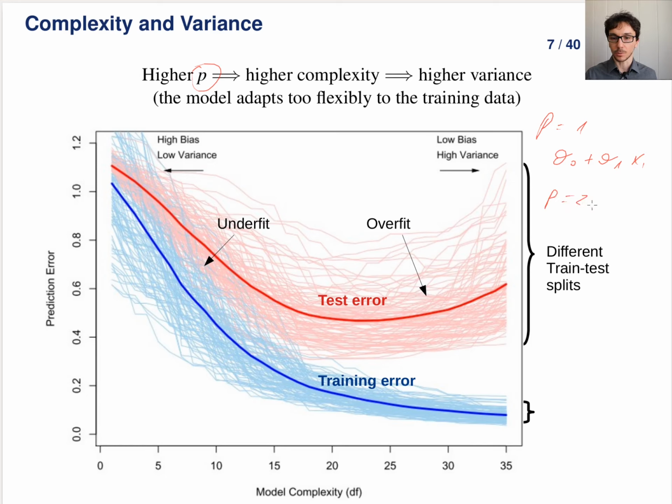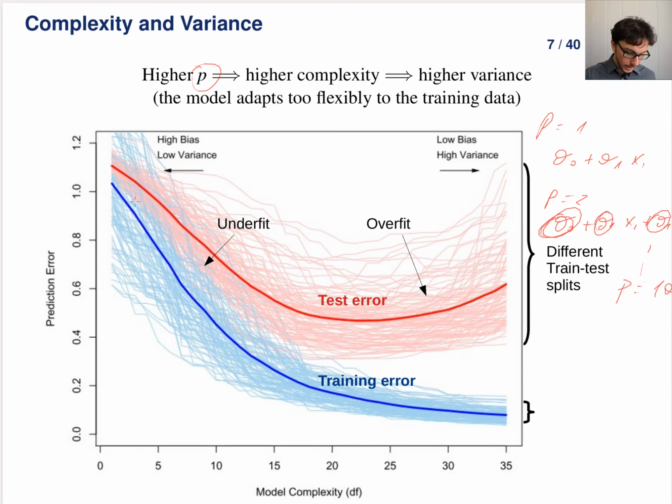If p is equal to 2, the model is theta 0 plus theta 1 x1 plus theta 2 x1 squared, etc., etc. So the number of parameters is 1, 2, 3. If p is equal to 100, we have a lot of parameters. Okay, and the more parameters, the more our model is able to twist.